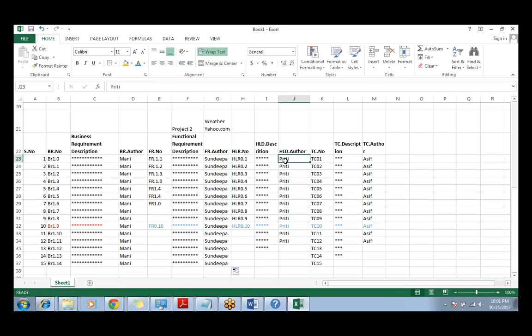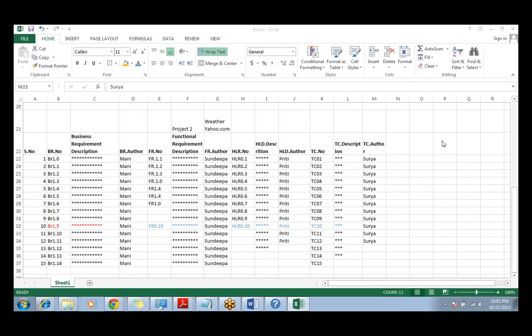Here Preeti was writing the design document, still Preeti is there and she is doing the design document. Here Asif did the test cases, but rather than Asif, Surya did the test cases. So all these things happen when you have a project.